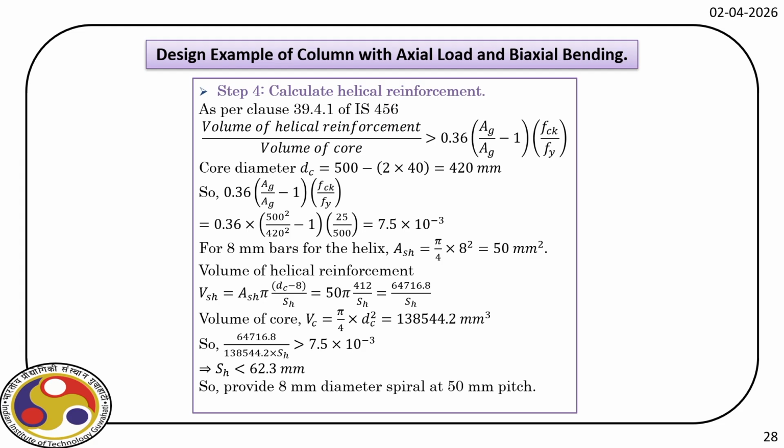Now then we have to calculate the helical reinforcement, and for that we have clause 39.4.1. So the volume of helical reinforcement divided by volume of core should be greater than this expression.